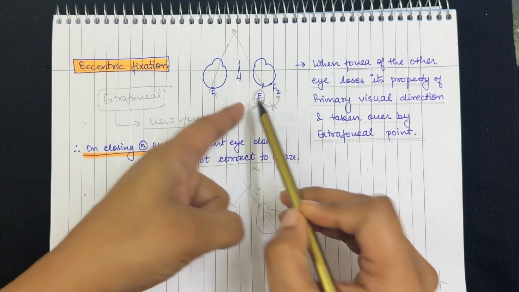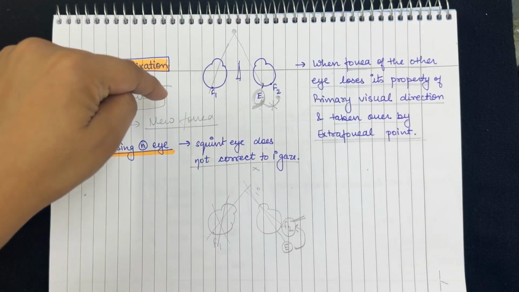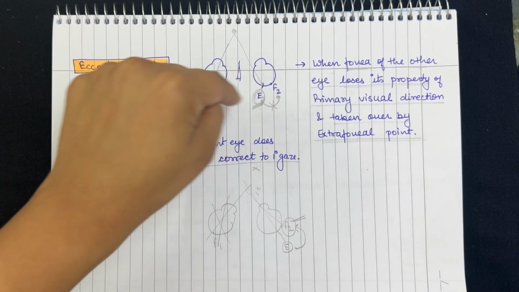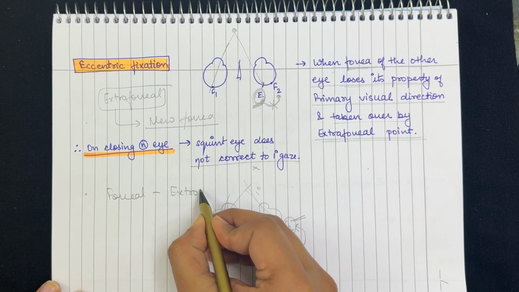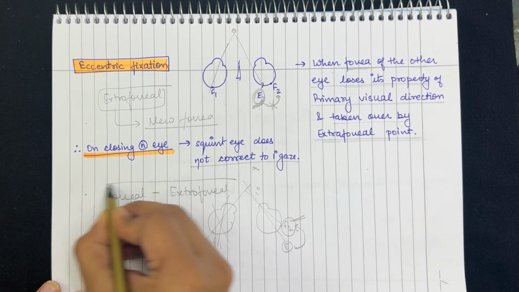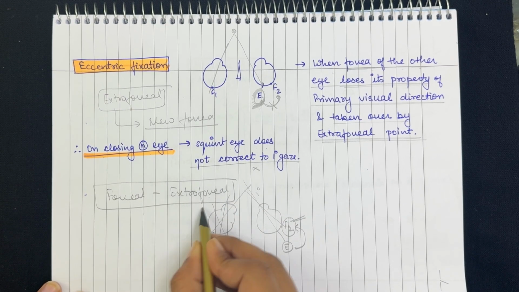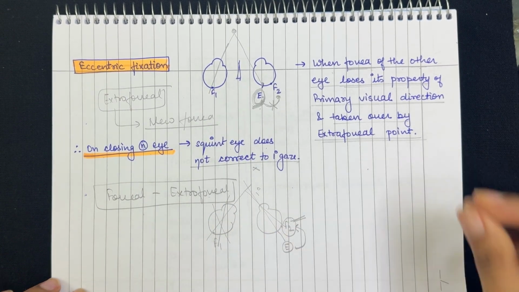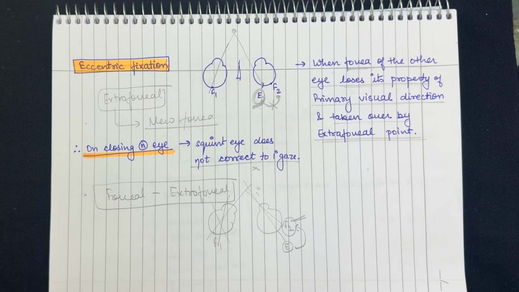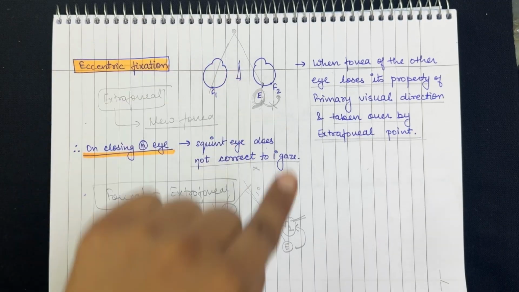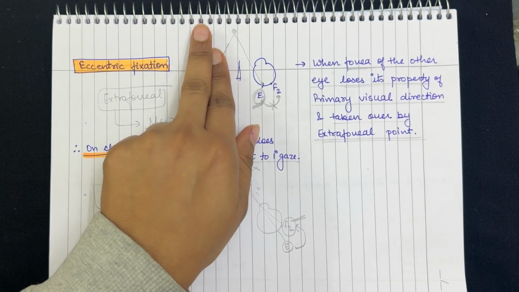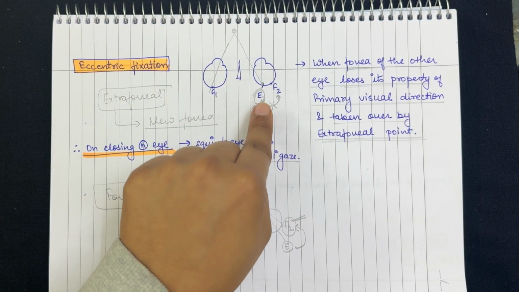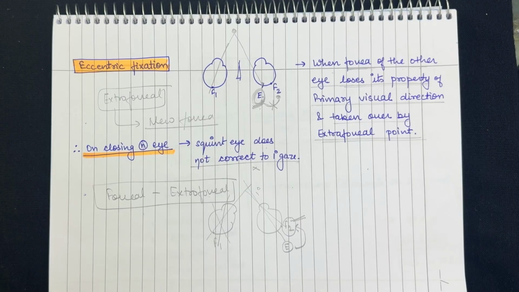Now this has become eccentric fixation, a foveal extrafoveal connection has been set up. Another word you need to remember: here we have a foveal extrafoveal connection, a permanent connection. This is how you differentiate between ARC and eccentric fixation. ARC will refixate on closing the normal eye, this will not refixate, right? The extrafoveal point has become the new fovea for this eye.